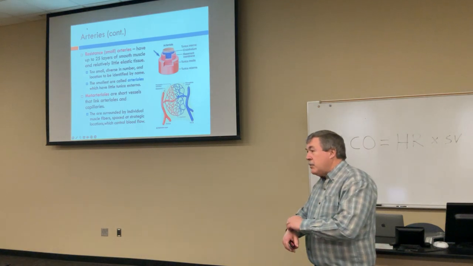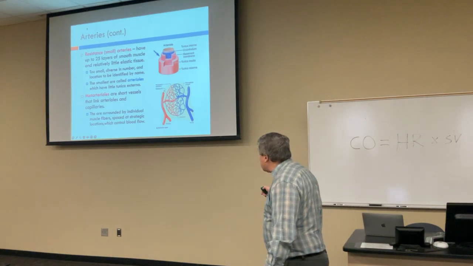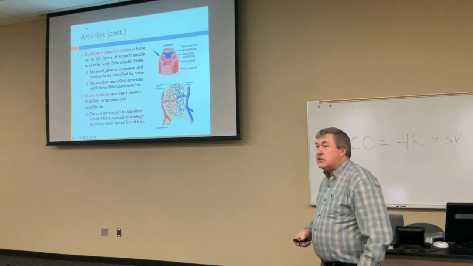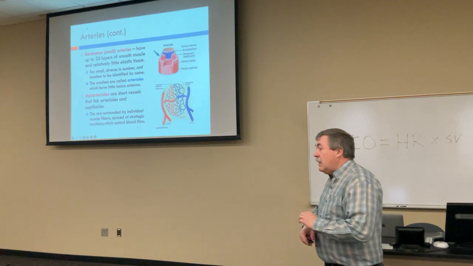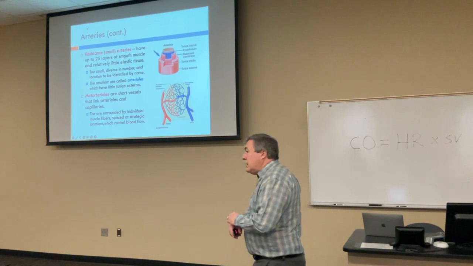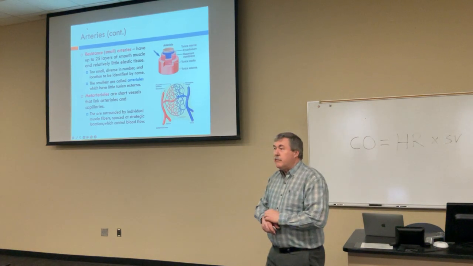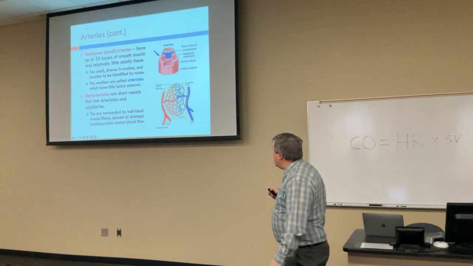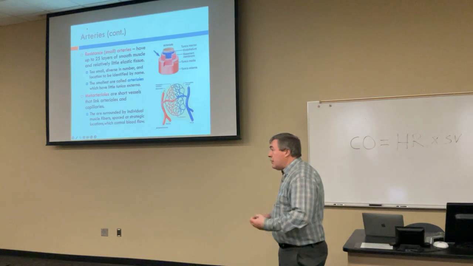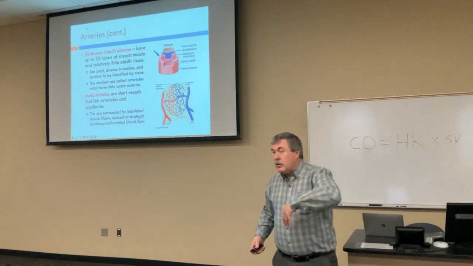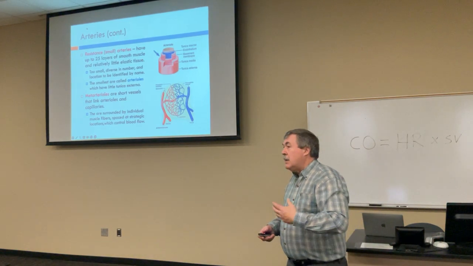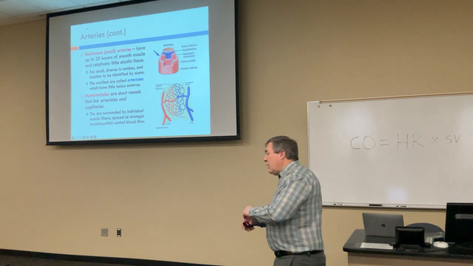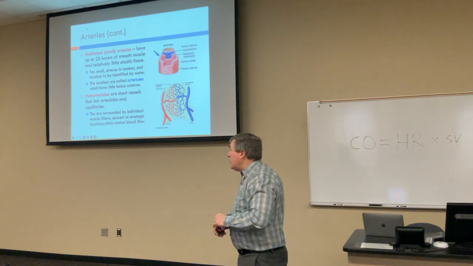When your skin is exposed to cold, those smooth muscle fibers contract, and that causes the blood to bypass those capillaries, thereby decreasing heat loss from your blood. If you get too warm, then those smooth muscle fibers surrounding the capillaries relax. That allows the blood to flow through the capillaries. Some of those capillaries are very near the surface, and so that allows the heat from the blood to dissipate into the environment.